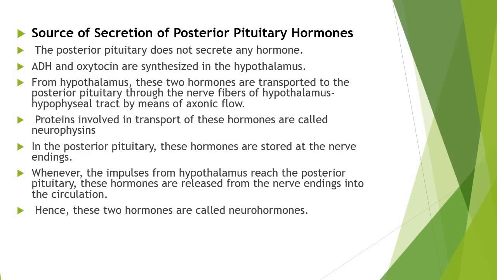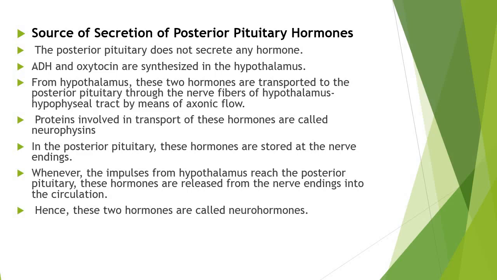Sources of secretion of posterior pituitary hormones. The posterior pituitary does not secrete any hormone. Antidiuretic hormone and oxytocin are synthesized in the hypothalamus. From the hypothalamus, these two hormones are transported to the posterior pituitary through the nerve fibers of the hypothalamo-hypophyseal tract by means of axonal flow.